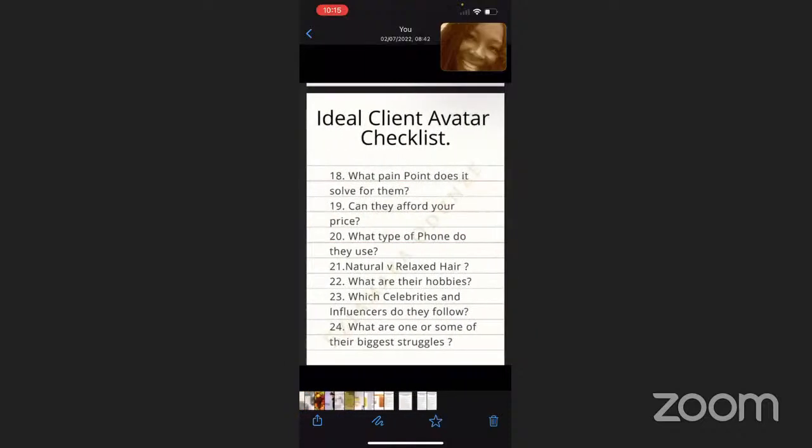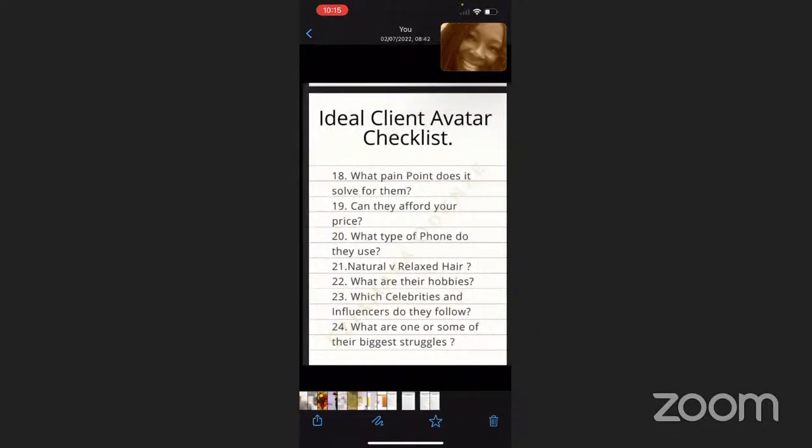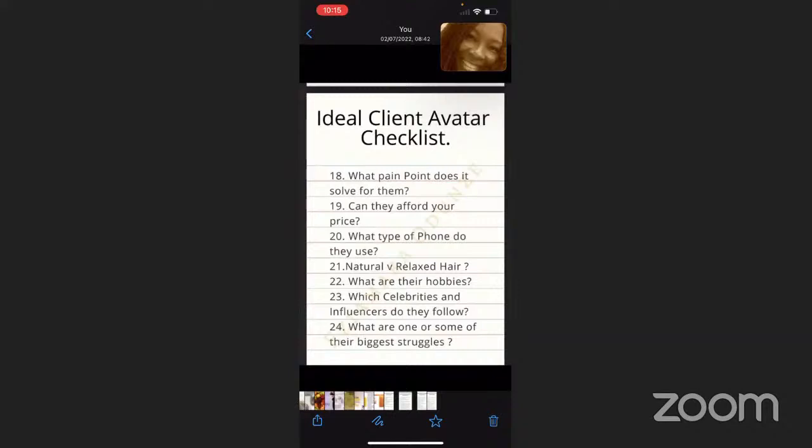Okay. Then question number 18, what pain points does your product solve for your ideal clients? And when we talk about pain points, it's something that is also beyond need. It has now gone from need to painful need. Let me put it that way.